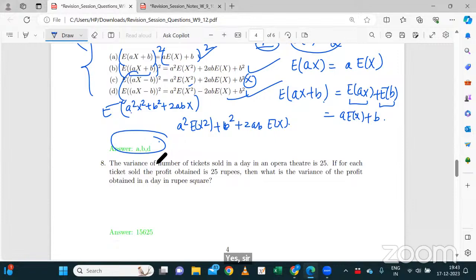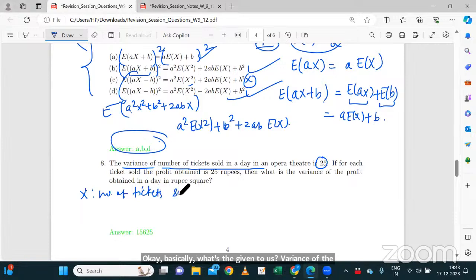Basically, what's given to us is the variance of the number of tickets sold in an opera theater is 25. So let's say X denotes the number of tickets sold in a day in the opera theater. This X can be 1, 2, 3, and so on. The question says for each ticket sold, the profit is 25 rupees.